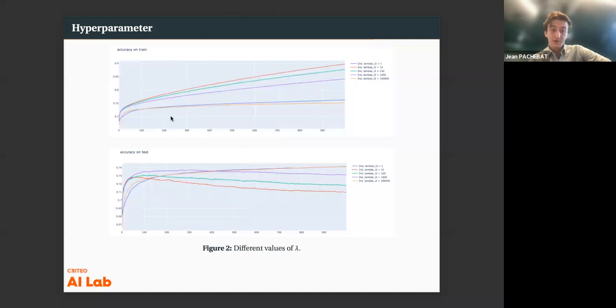Regarding hyperparameter tuning, I've stated that the higher order version of the algorithm is more sensitive to the lambda parameter and is more prone to overfitting. This is shown in this bottom graph here. I've plotted in blue the second order version, which is the baseline here, and different values of lambda for the third order version.